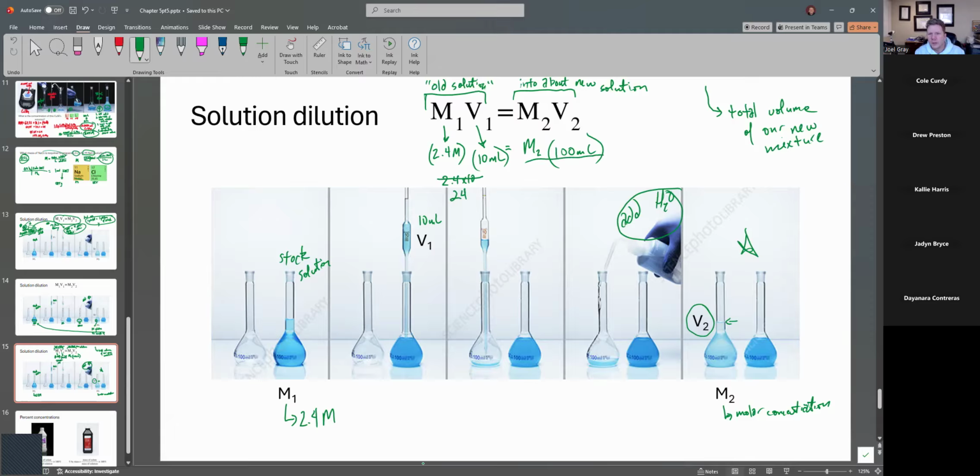And then we're going to divide each side by the number that's available to us on the right-hand side of the equation. These numbers are going to cancel. 24 divided by 100 is going to end up being M2 equals 0.24. Our units for that are going to be in molarity.